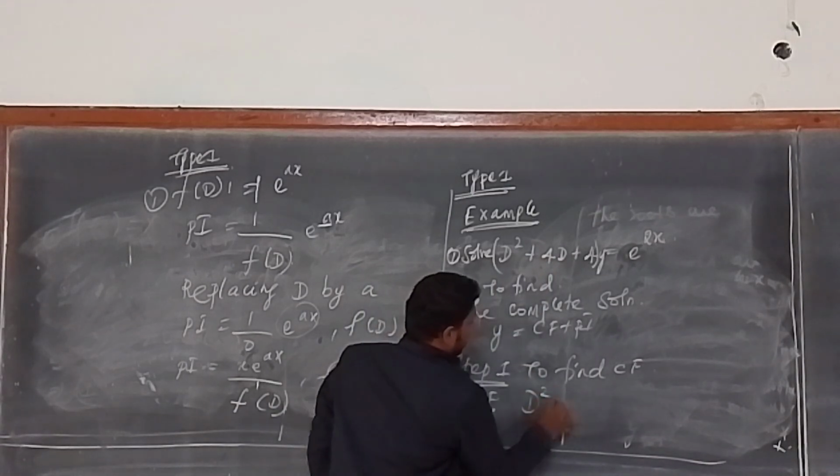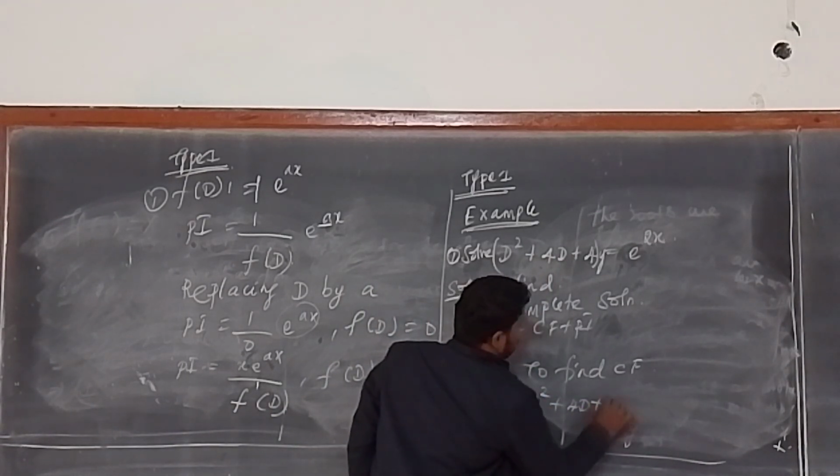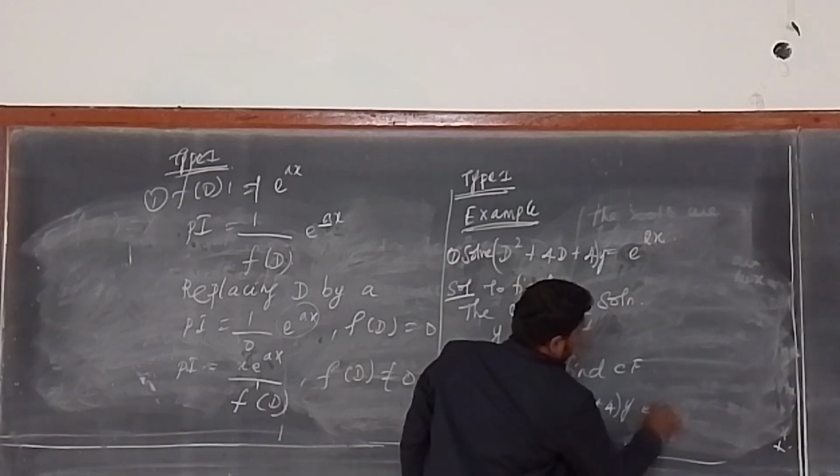The given equation is D square plus 4D plus 4 into y equal to 0.